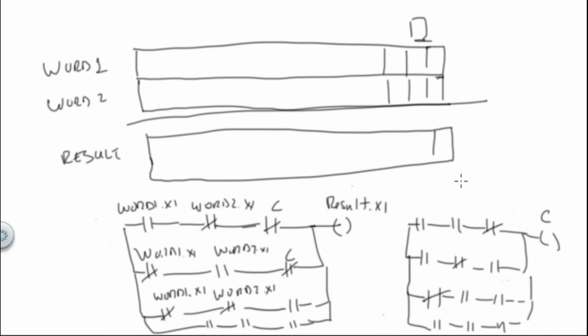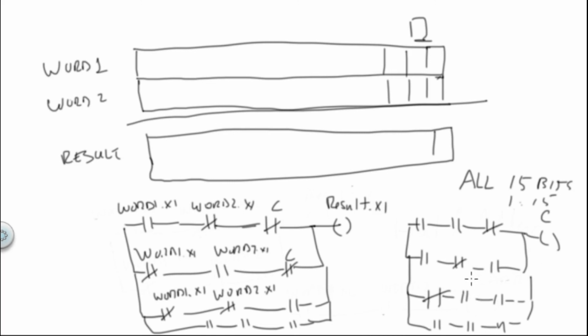And you do this for all 15 bits. Bit 1 through 15. Now bit 0 we already did, so you don't do that one. But bit 1 through bit 15 you do this way. And when you get to the last one, you get the reward. You don't have to do the carry at all.